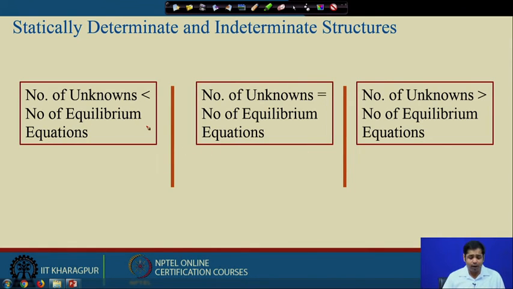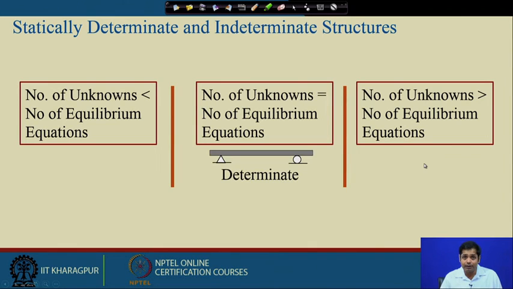One case is when the number of unknowns is less than the number of equilibrium equations, another is when the number of unknowns is exactly equal to the number of equilibrium equations, and the third is when the number of unknowns is greater than the number of equilibrium equations. The second one is a determinate structure, because the number of unknowns is the same as the number of equilibrium equations, so equilibrium equations alone can be used to solve for all the unknowns.